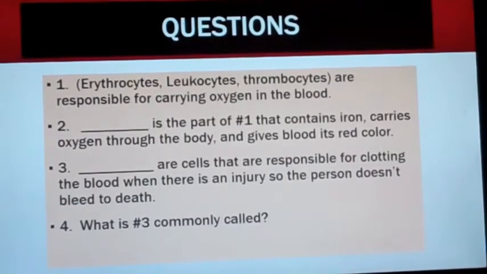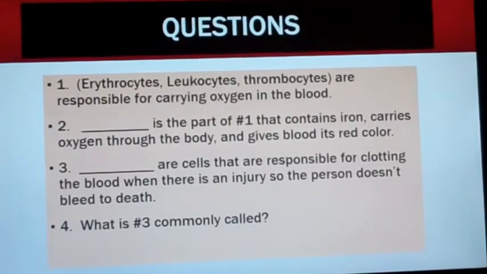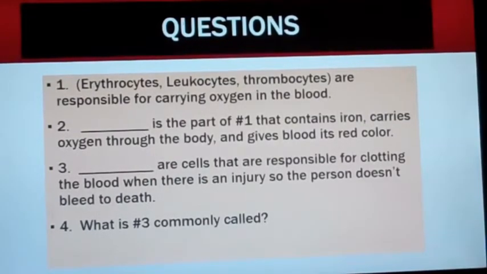Number 3, blank are cells that are responsible for clotting the blood when there is an injury so the person doesn't bleed to death. Number 4, what is number 3 commonly called?